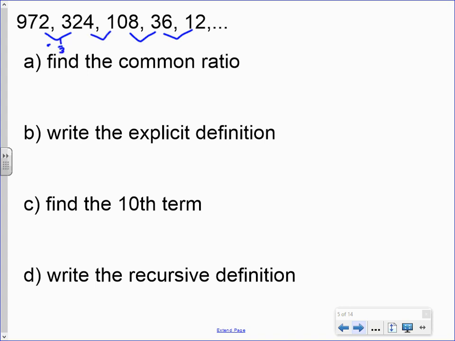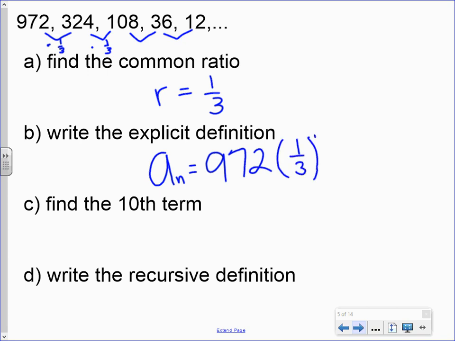You can say we're dividing each term by 3, but let's say we're multiplying by 1/3 each time. So the common ratio is 1/3. If we want the explicit definition, we first pick out our first term, which is 972, times our common ratio to the n minus 1 power.